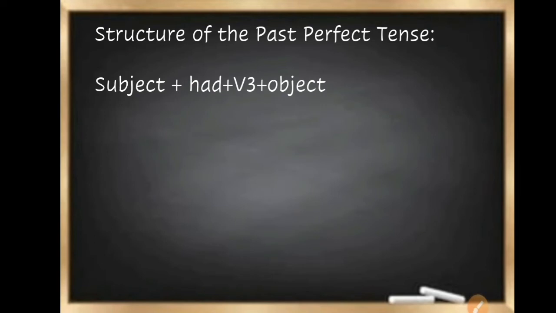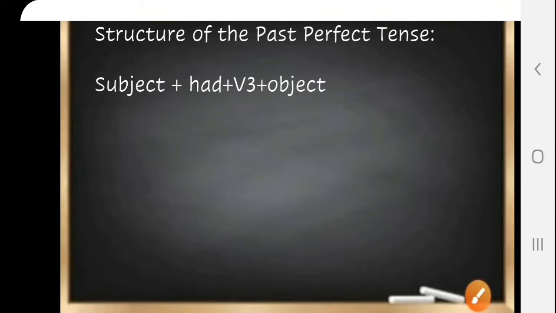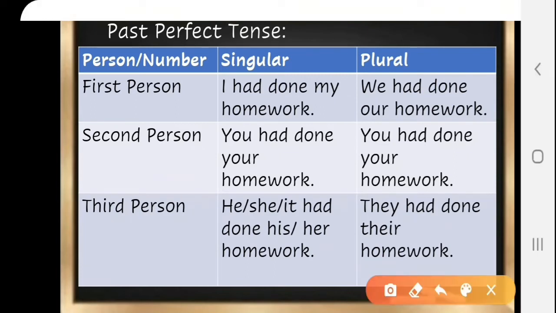Structure of the past perfect tense: subject plus had plus V3 plus object. See this table. All the subjects use same auxiliary and same main verb.